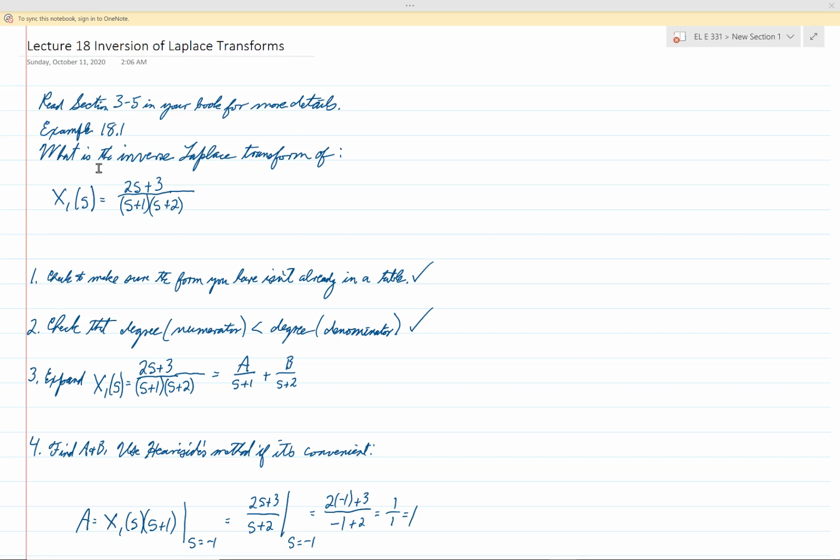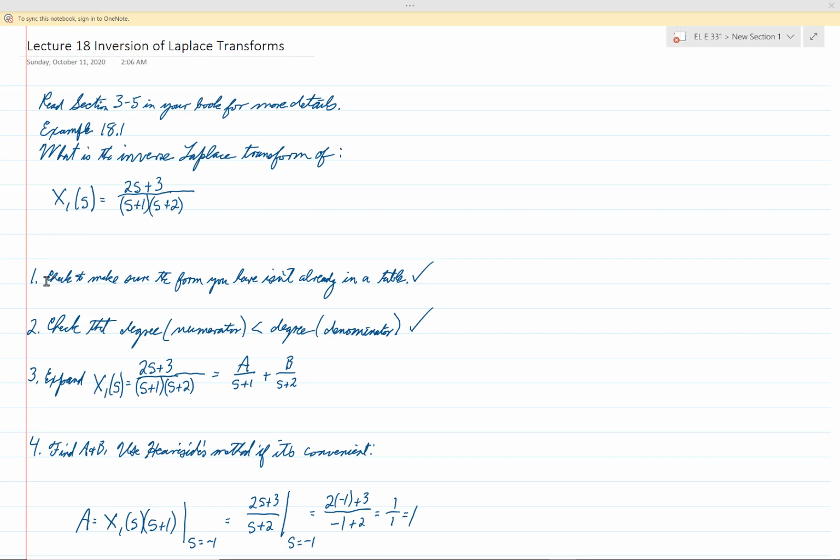So anyway, example 18.1 then is this Laplace transform, and what I recommend is you might say a 5-step procedure. And really the first step is almost always unnecessary, so really it's sort of a 4-step procedure.